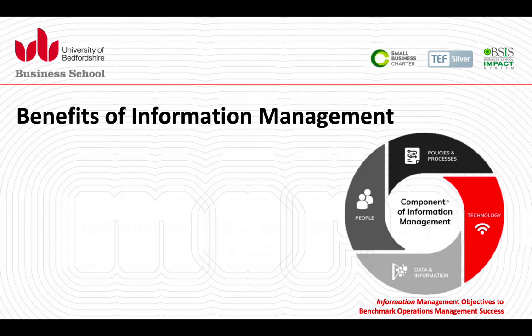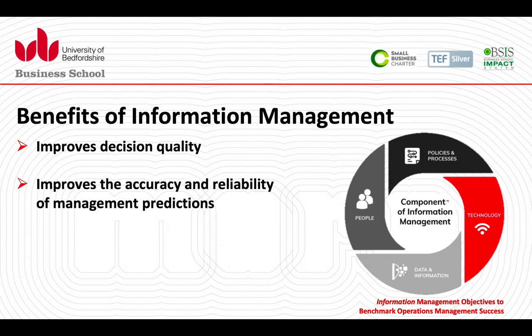So what is the benefit of information management? We have to have the policies in place, the procedures, the right technology, tools and techniques, with skilled people who understand how to get the best out of it for improved decisions and quality. That is one of the key benefits of information management for a business system. It improves the accuracy and reliability of management predictions, which is very important for business success.